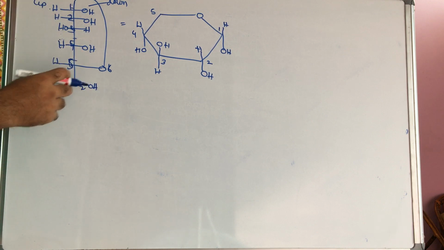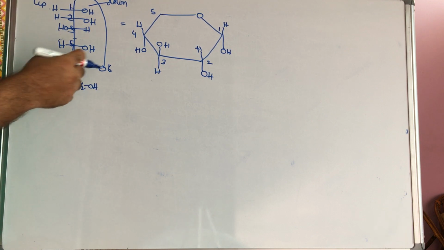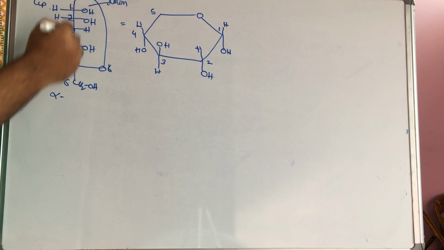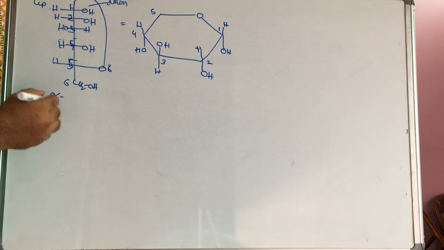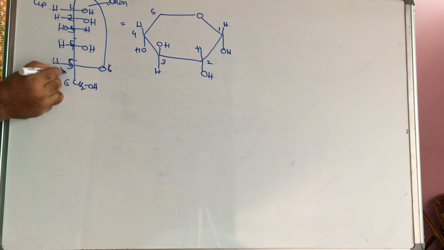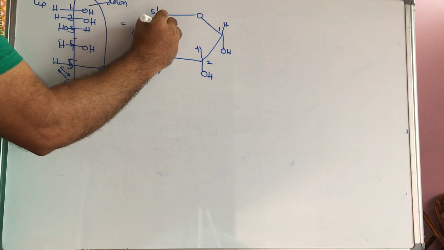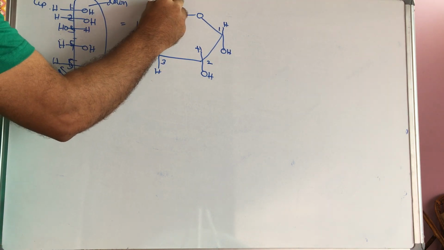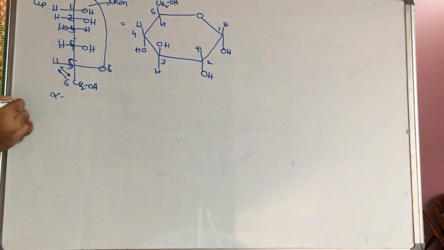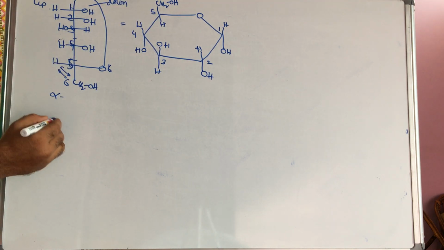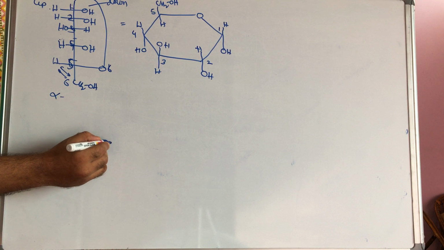Now at this position, this CH2 is not on the right or left side, it is exactly on a vertical line. Then how to write? In double inversion, we will get H down and CH2OH up.